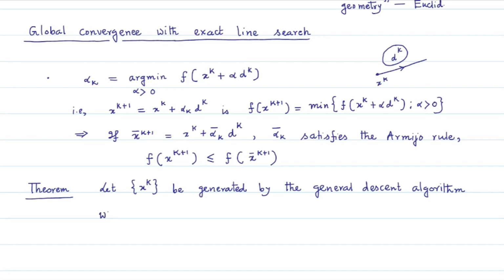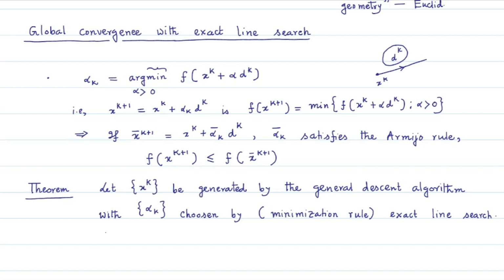When we take the step length alpha k chosen by the exact line search, or we also refer to it as minimization rule, because we employ a minimization here to find the value of alpha k, you take this sequence alpha k generated by exact line search.